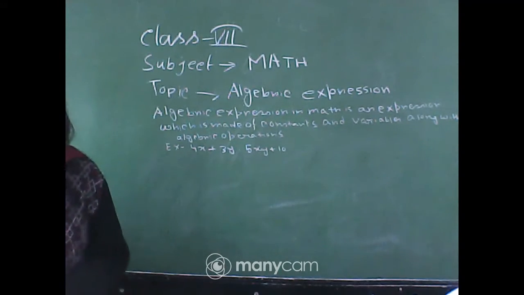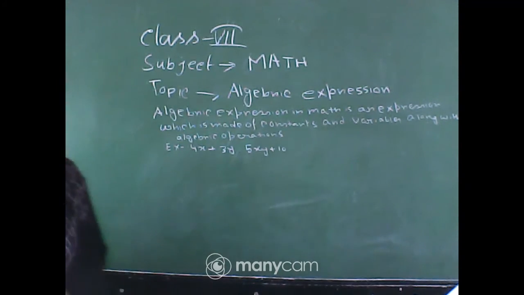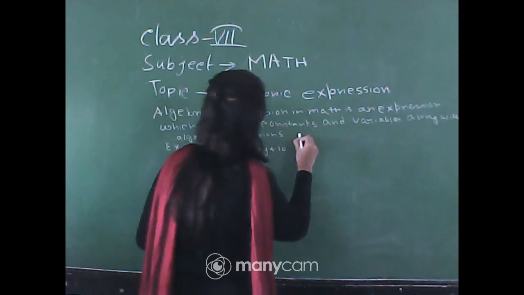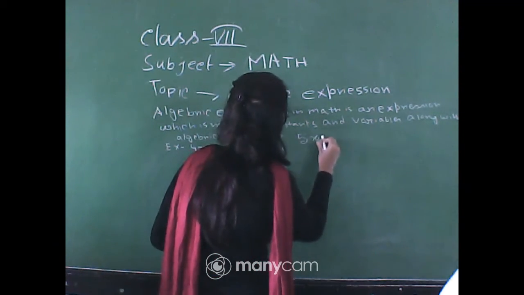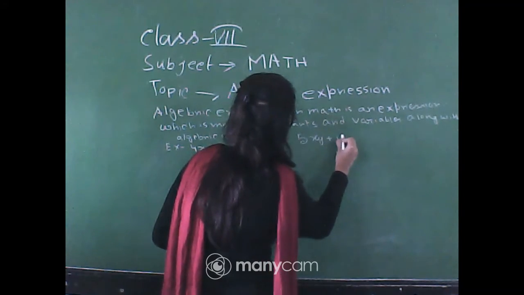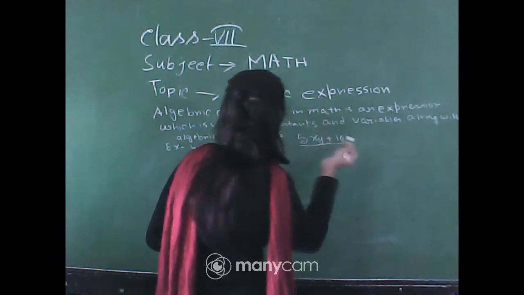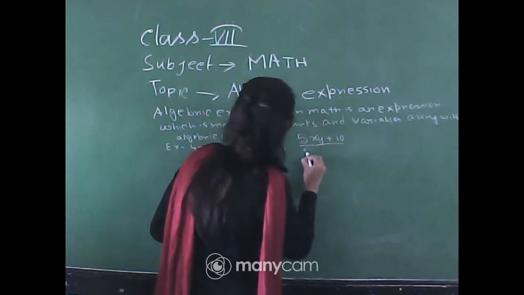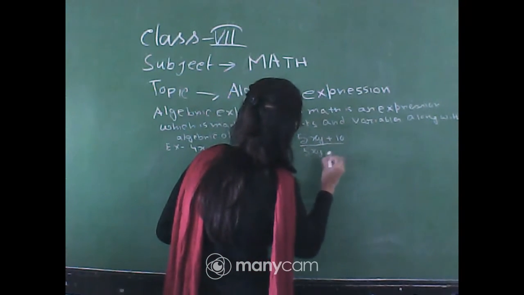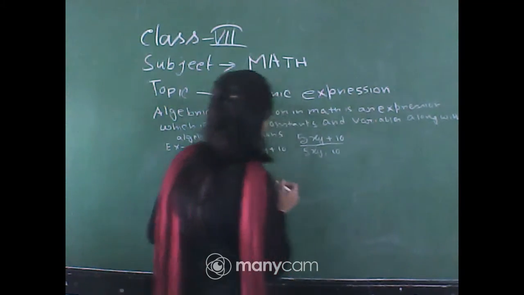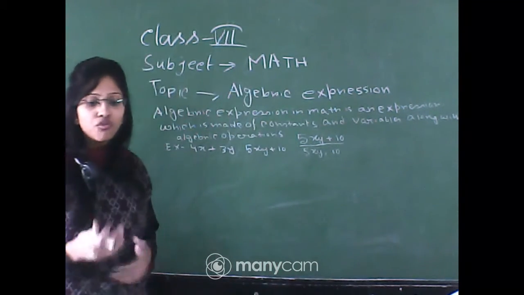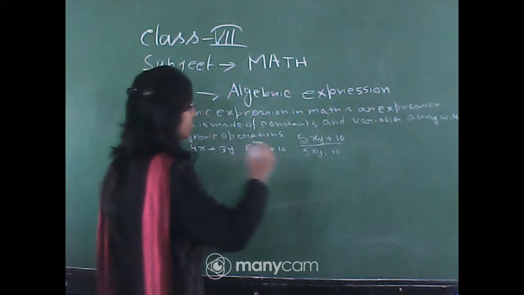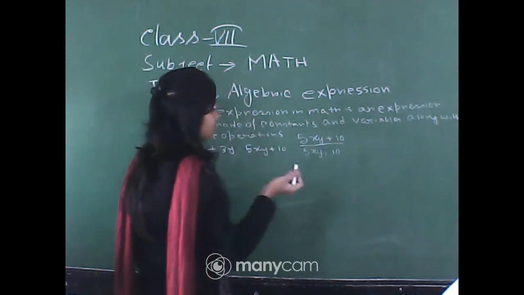Now, we will discuss the terms of an algebraic expression. Here, first we consider the algebraic expression 5xy plus 10. Here, the terms of this algebraic expression are 5xy and 10. Terms are added to form the algebraic expressions.